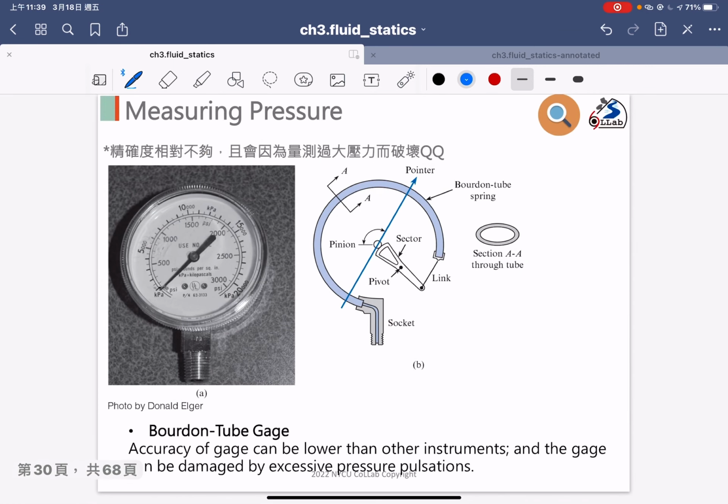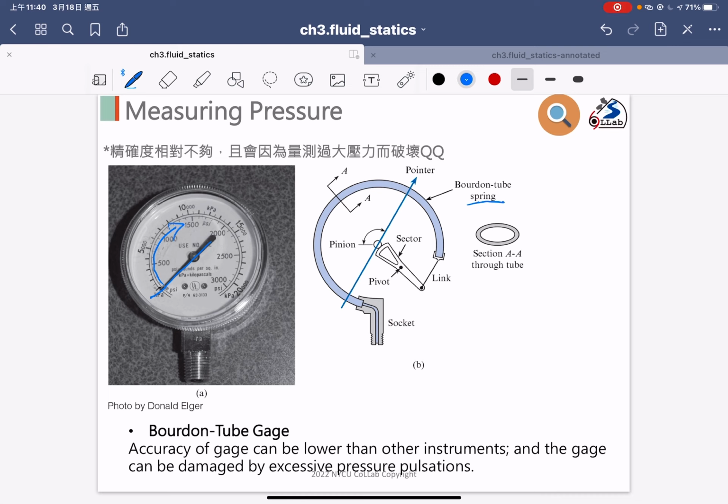And the second, this is in our life, usually we use it for the bicycle or the basketball, okay? And you see, the idea is that inside we have a spring. If it is sensitive to the pressure changes, the spring will have an external force, and the spring will adjust the pin line to show the pressure.